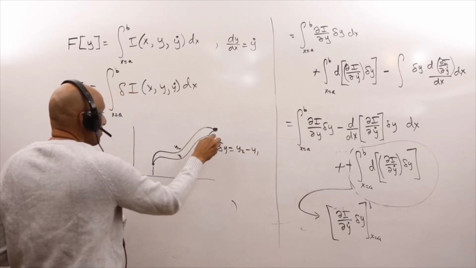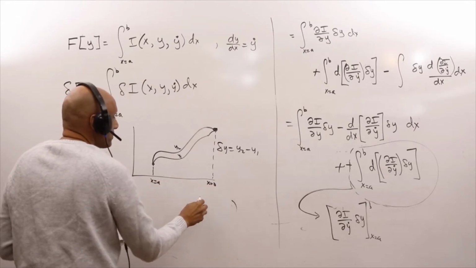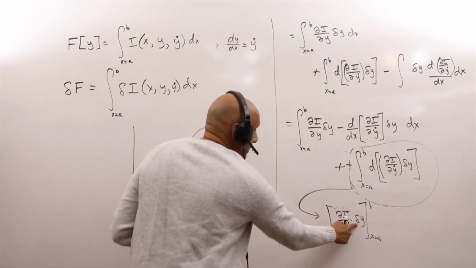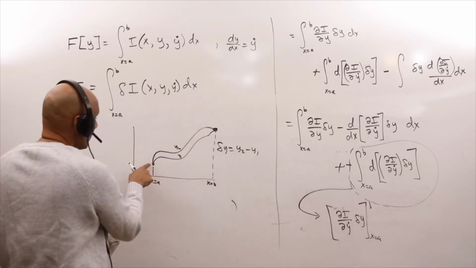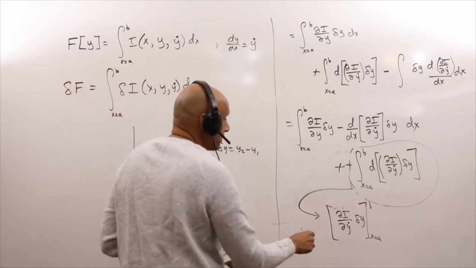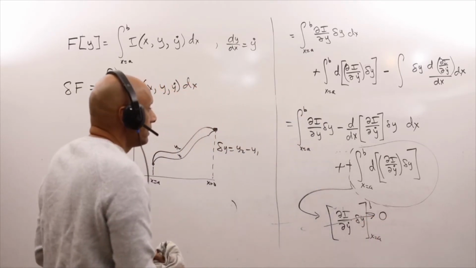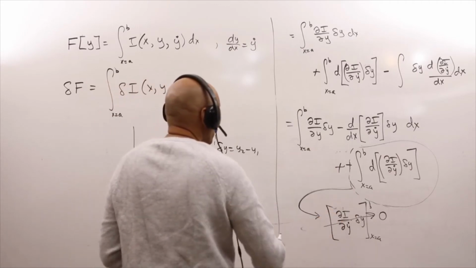But at the endpoints, they both come to the same point. So the variation at the endpoints is 0. The difference between y2 and y1 at the endpoints of that curve is equal to 0. So this whole term is actually just 0, so we can drop this whole term.